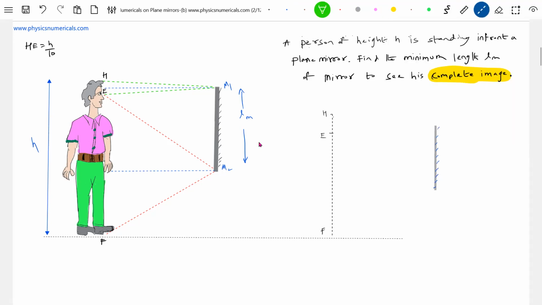Now we'll start: the rays emitted by the head get reflected at one end of the mirror and enter the eye. The rays emitted by the foot, after reflection at the lower end of the mirror, enter the eye. Now you can ask on what basis we are drawing these rays.